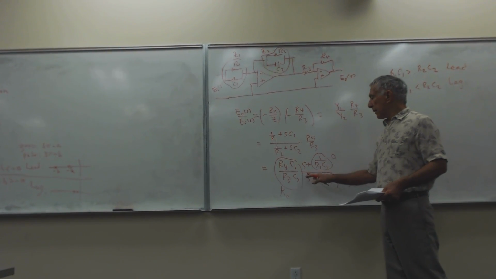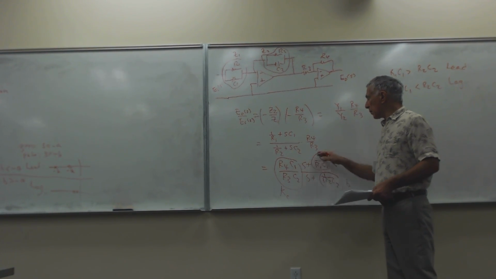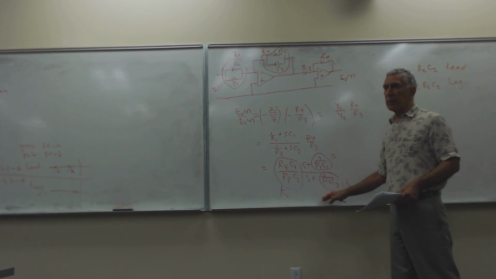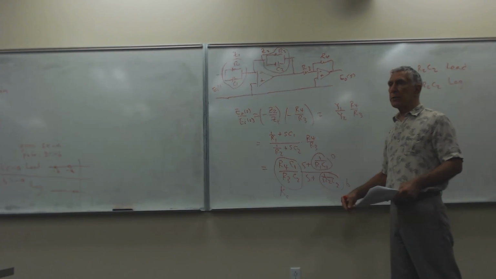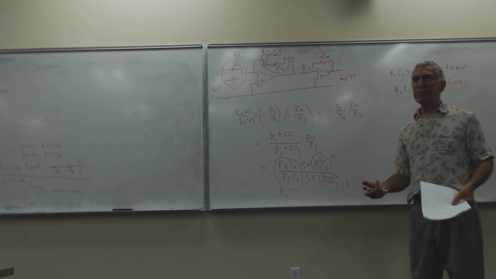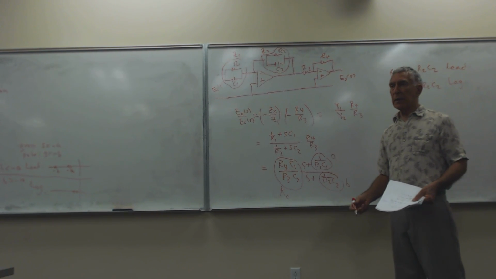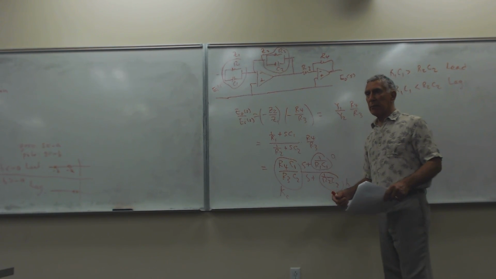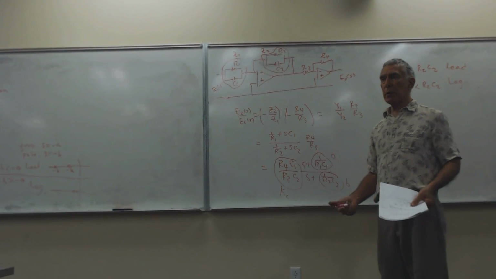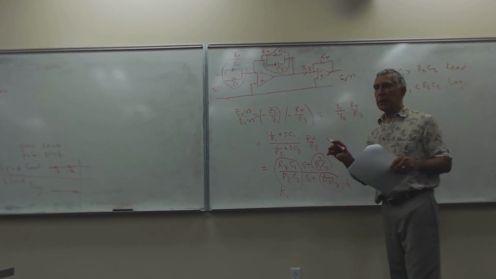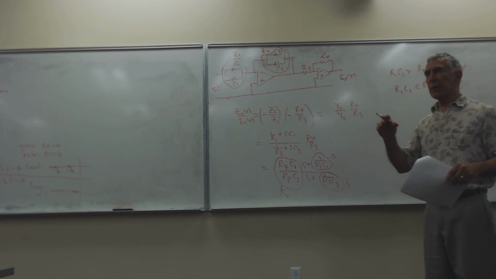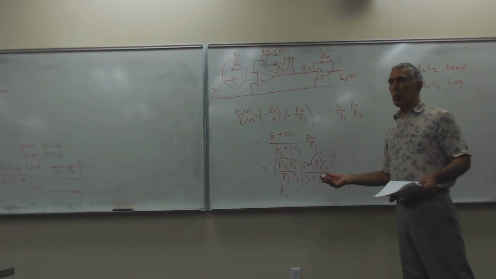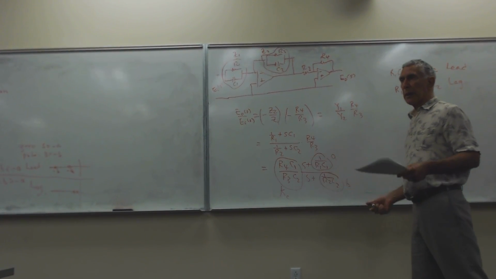And well, basically, this corresponds to a certain differential equation, and the differential equation can be approximated by a difference equation. Okay, and the difference equation can be programmed on the computer, and so that code can serve as the controller, our lead or lag compensator.